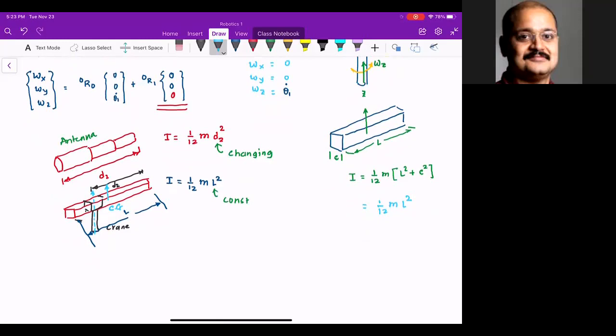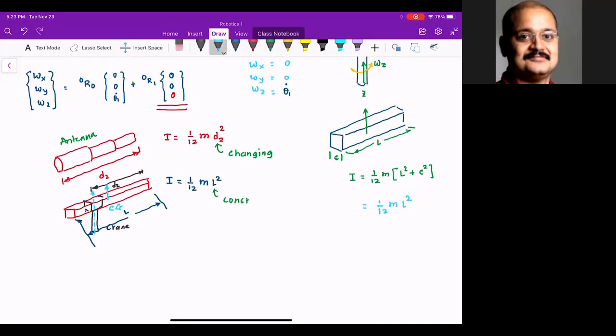How would you do something like this inside SolidWorks? When you are trying to solve a robotics problem in SolidWorks, if you have an unsymmetrical object, you select the particular link and then find the principal moments of inertia. It will show you the local coordinate system and the principal moments of inertia in that local coordinate system.